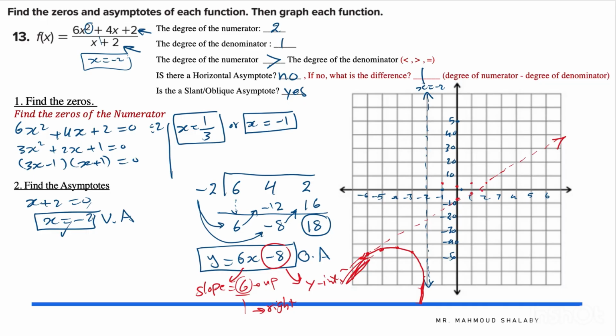It means it will go up again. 2 and 8, so it goes up again. 4 and 19, directly above the 20.